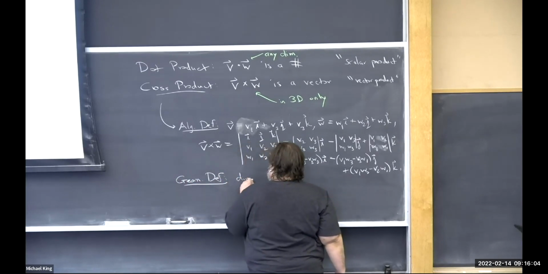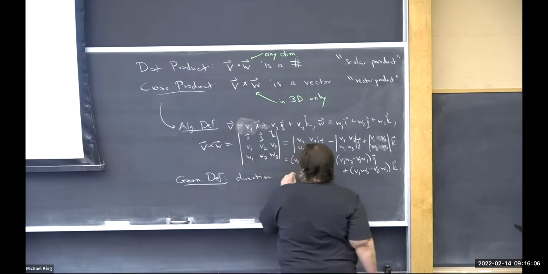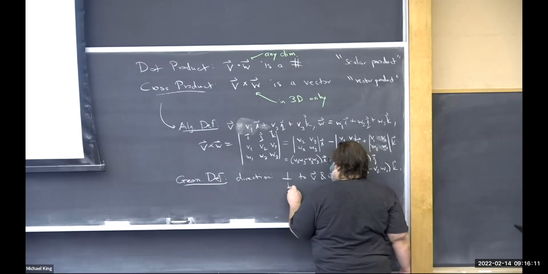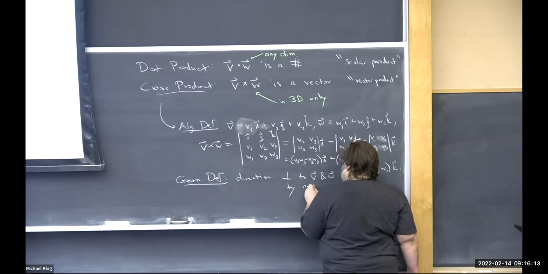So the direction is perpendicular to V and W by the right-hand rule, right? Because there's two perpendicular directions.